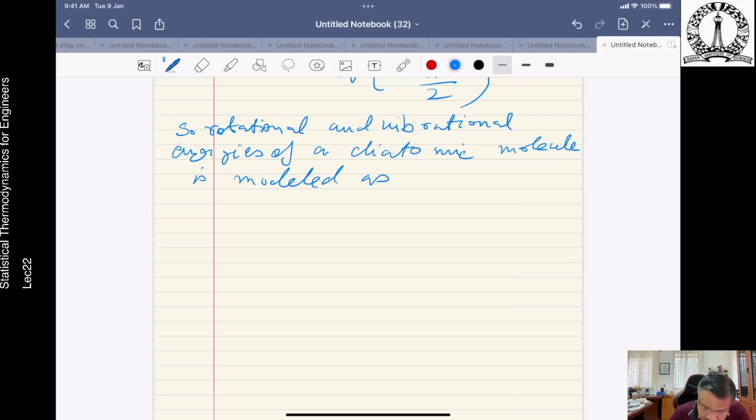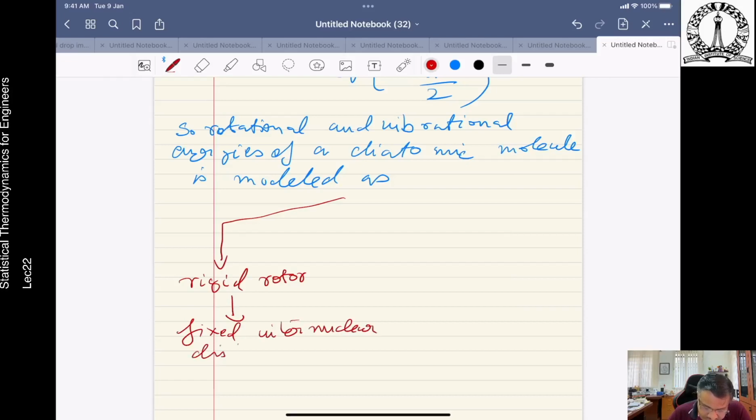This is called the rigid rotor, which translates to a fixed internuclear distance. The internuclear distance is RE.